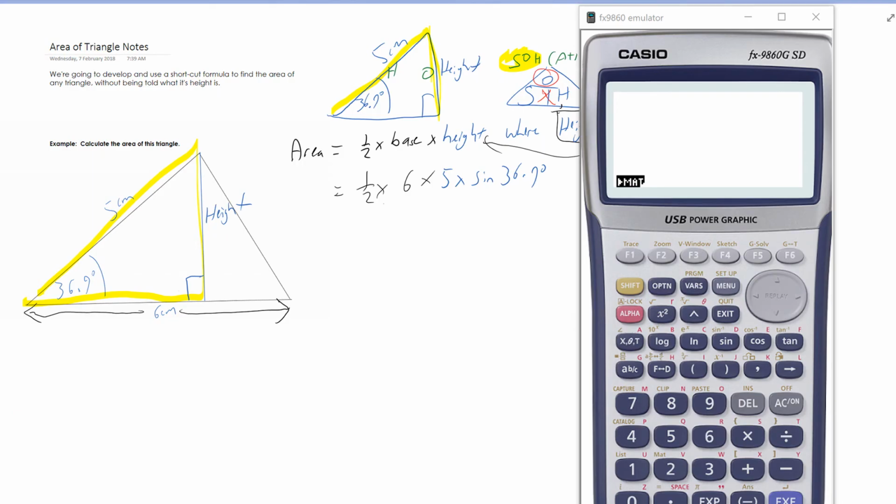And so 0.5 times 6 times 5 times sine of 36.9. And I get, to 1 decimal place, 9.0 centimeters squared as my area.